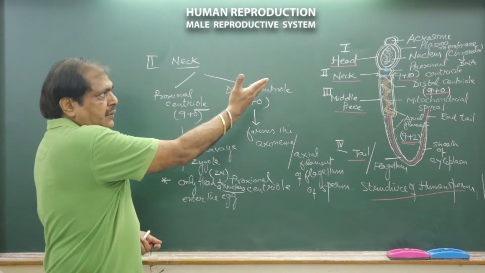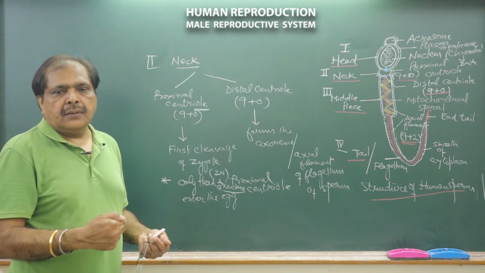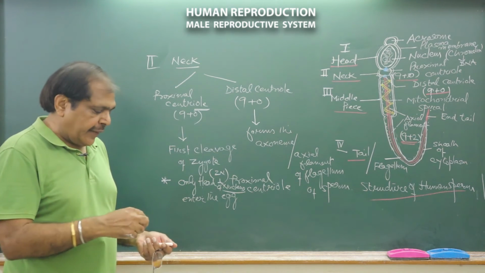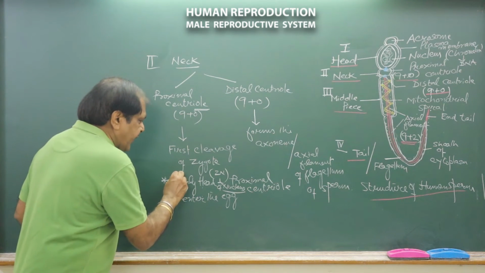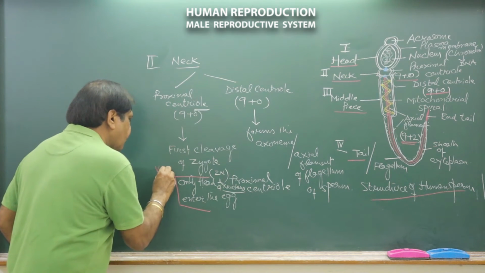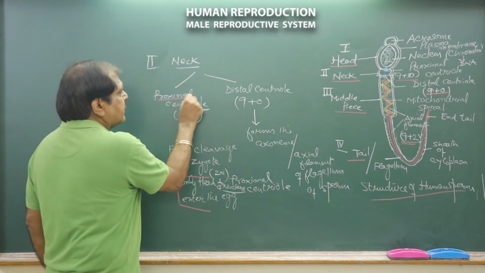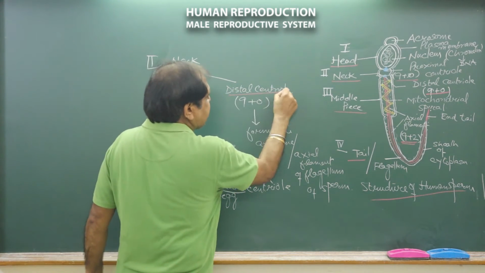And then this head region will give its chromatin material to the nucleus of the female gamete. Very, very important question for you. And I've told you about the distal centriole.